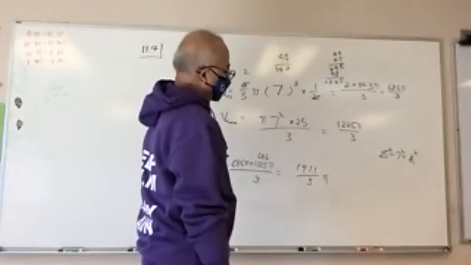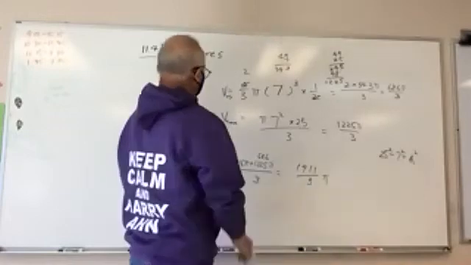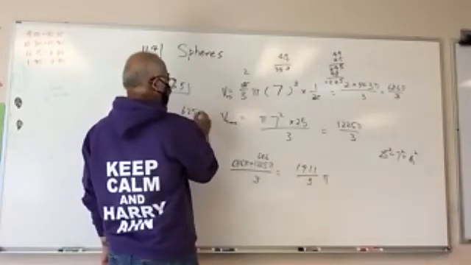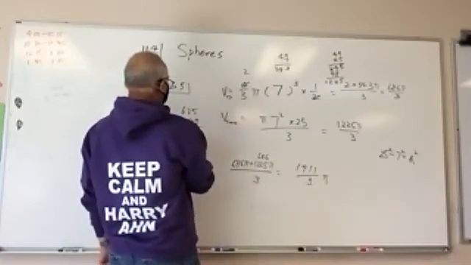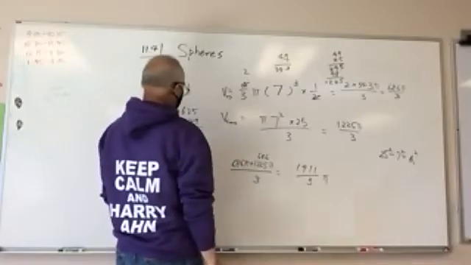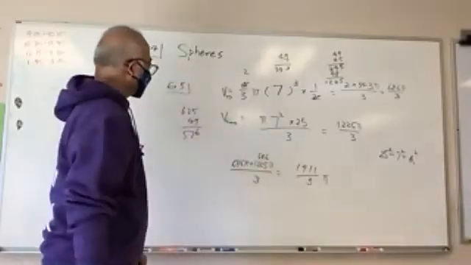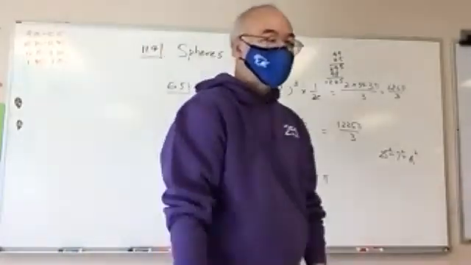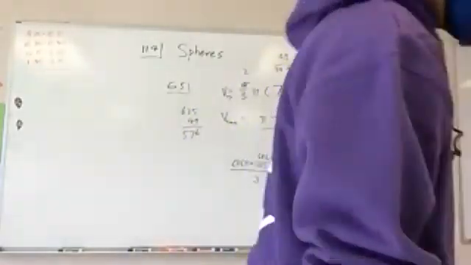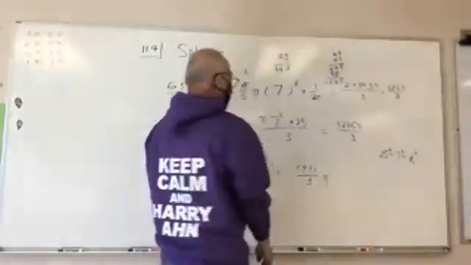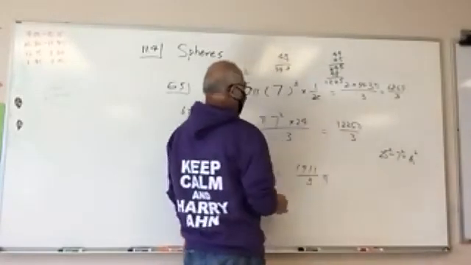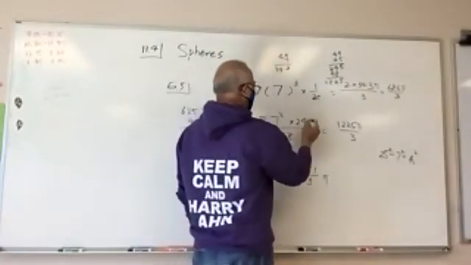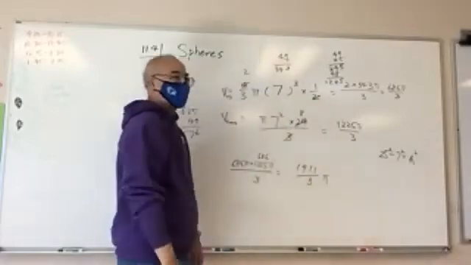So what do you get? 625 minus 49 is 576. What's the square root of 576? Is that a magic number? It is, 24. So it's not 25, it's 24. Dang. 24 divided by 3 is 8, right?